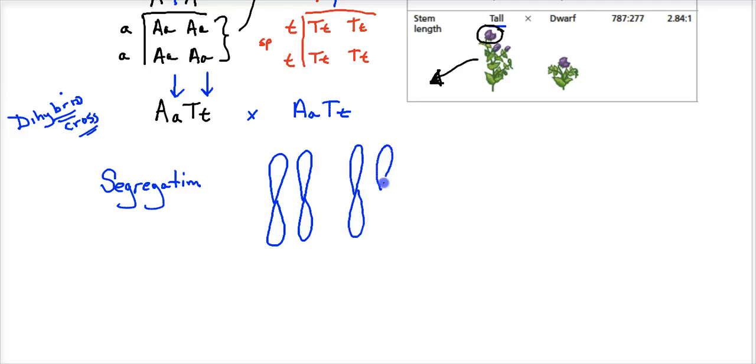Now, pea plants, I believe, have 14 chromosome pairs. So I'm just going to write this in terms of a diploid cell, with 2n equals 4 chromosomes. Okay, so what am I going to do here? Well, here's A. A is going to be my black. Here's an A. And here's little a.